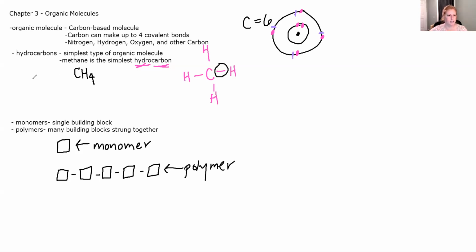Actually, let me go to my text here. When we're talking about building polymers, putting a bunch of monomers together, no. Got so much electronic stuff all over my desk, it makes it hard. Hang on. Okay, so when we're talking about building polymers, they get assembled through a process called dehydration reaction.